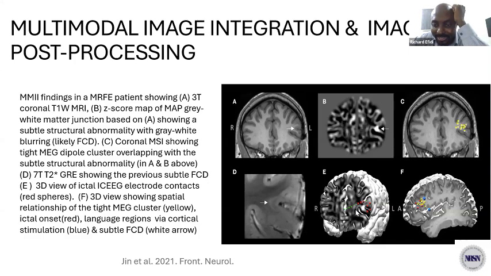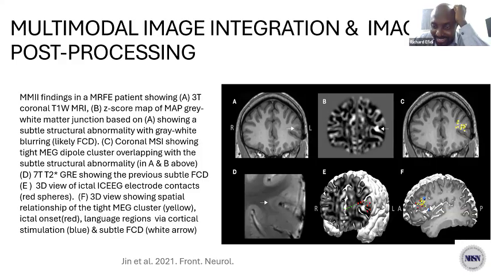So the seizure onset zone is highlighted by the hyperintense signal. And of course, the confirmation of that location was also highlighted by the red spheres, based on the intracranial EEG done.